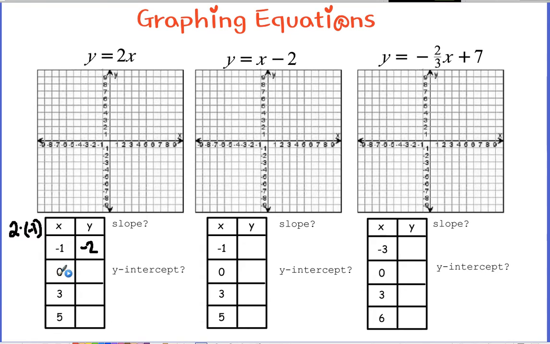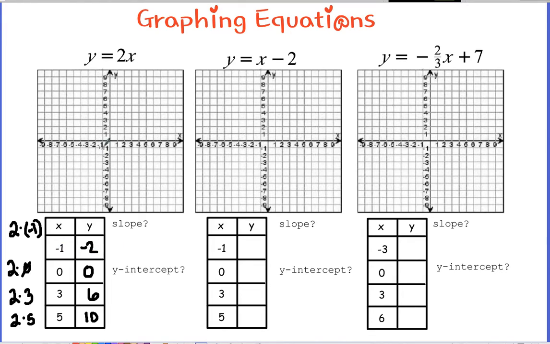And then for x equals 0, I do 2 times 0, and I know that my solution is 0. And then for 3, it's 2 times 3, which gives me 6. And then 2 times 5 gives me 10. So now to graph this, these would be my ordered pairs.